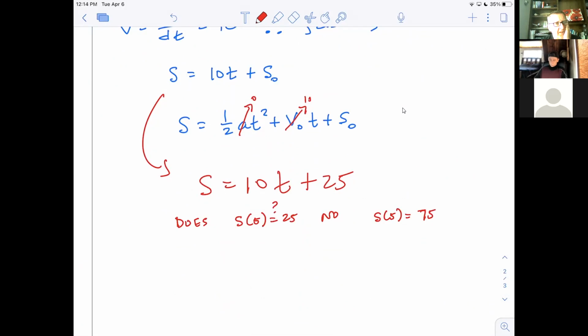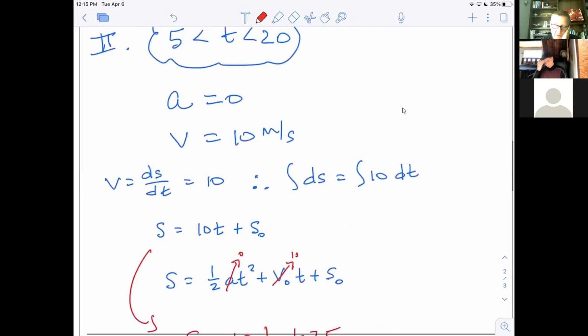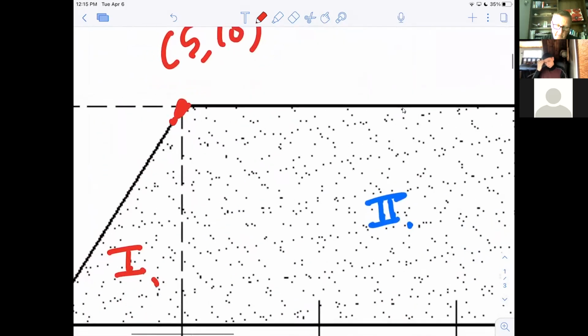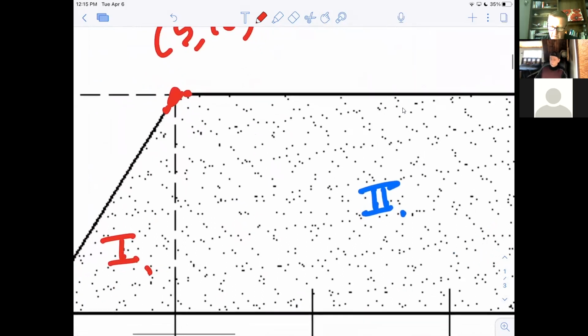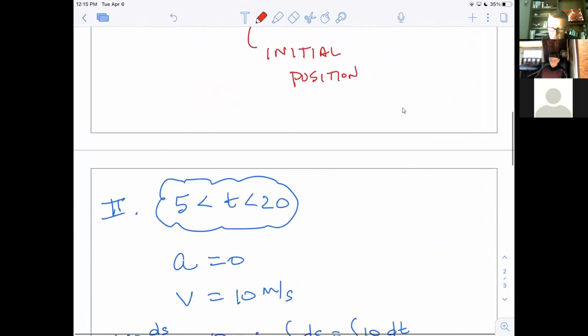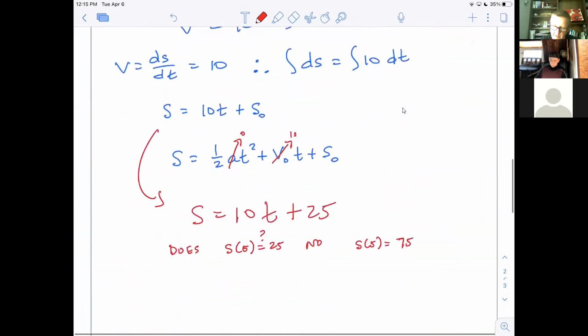You can't just immediately jump from 25 feet, right on the left side of that, to suddenly 75. So this initial position thing is a little tricky when you have erratic motion, because you can't just throw a 25 on the end of that.